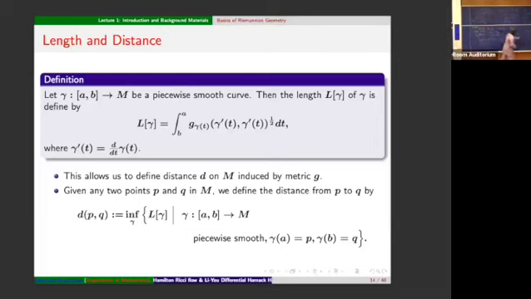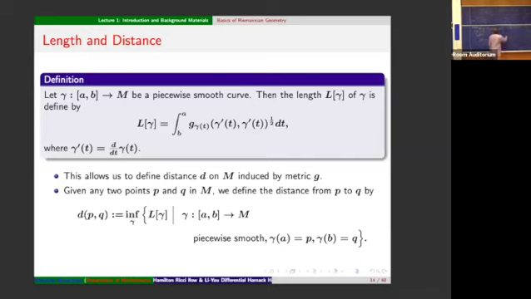And from here, it is easy to see, first, that this distance is greater than or equal to 0.